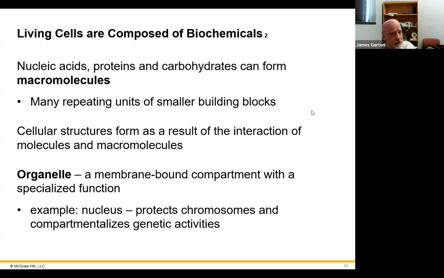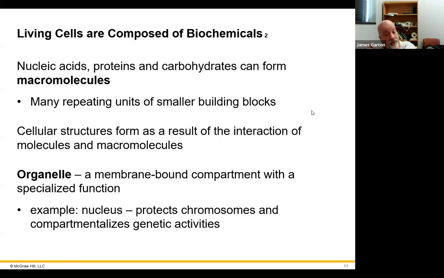In eukaryotic organisms, anything with a nucleus, we have a variety of organelles inside the cells. To keep it simple, we say an organelle is a membrane-bound compartment that has some special function.